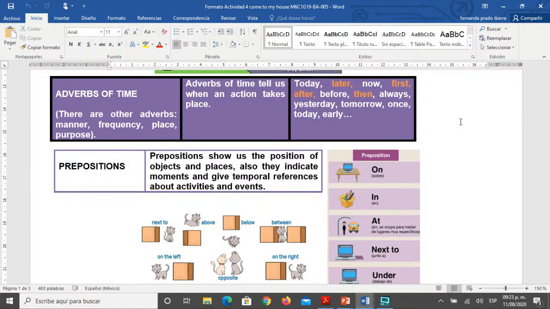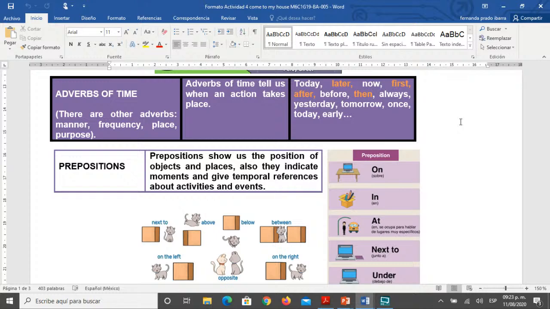Actually, in this second week on the platform, we have an exercise called Let's Cook. It's very helpful for this interactive activity because we use the adverbs of time very specifically when we are cooking, when we are following the instructions of a recipe.